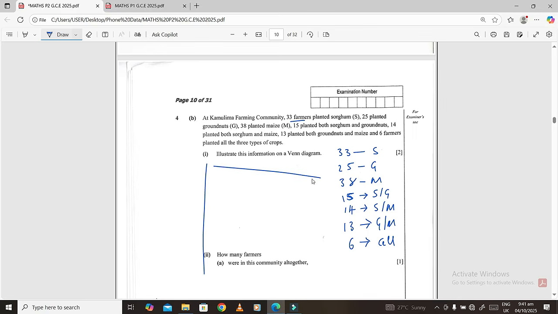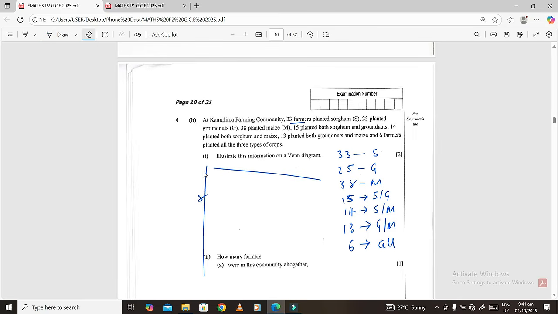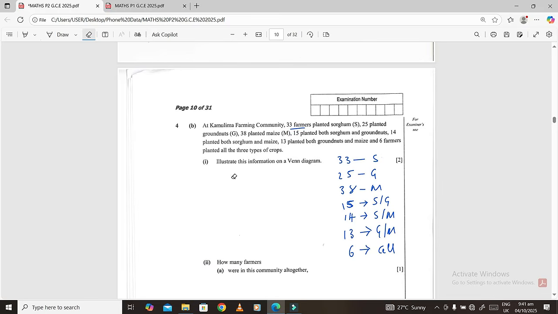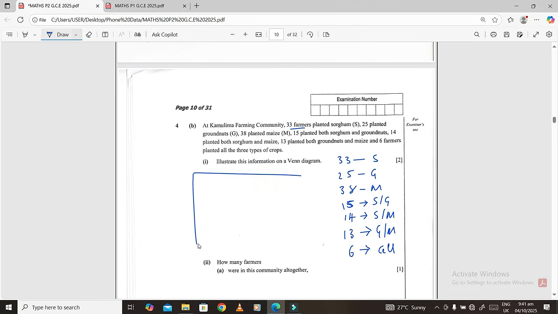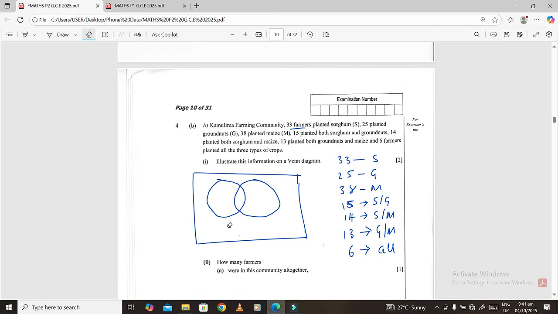So you just do a Venn diagram. My drawing is not that good, but it's okay.